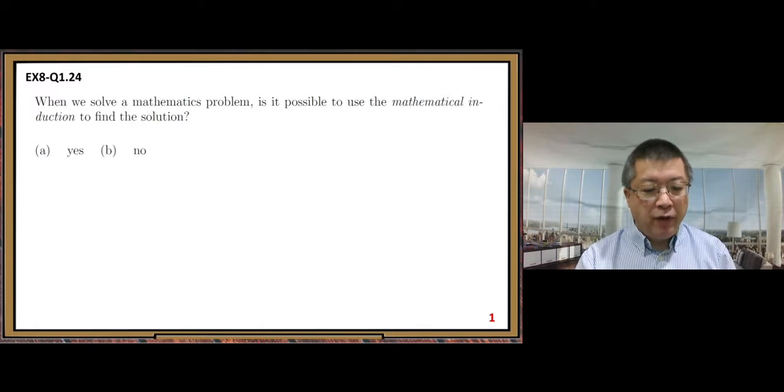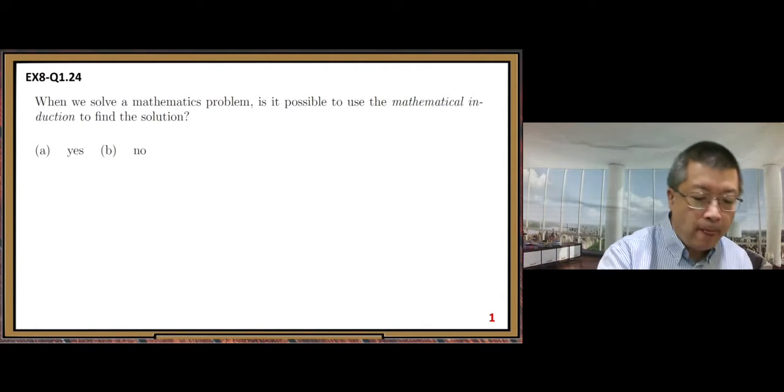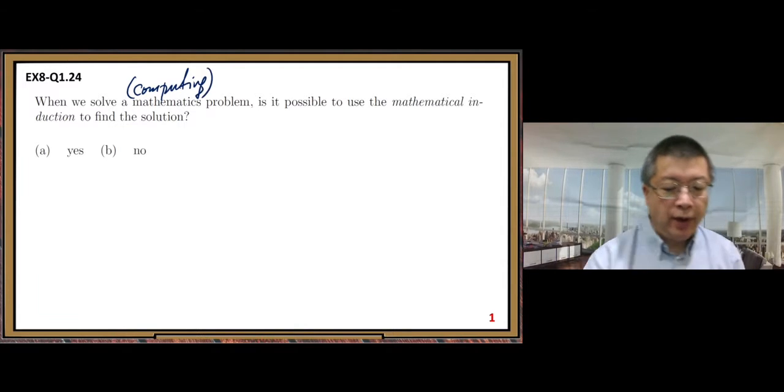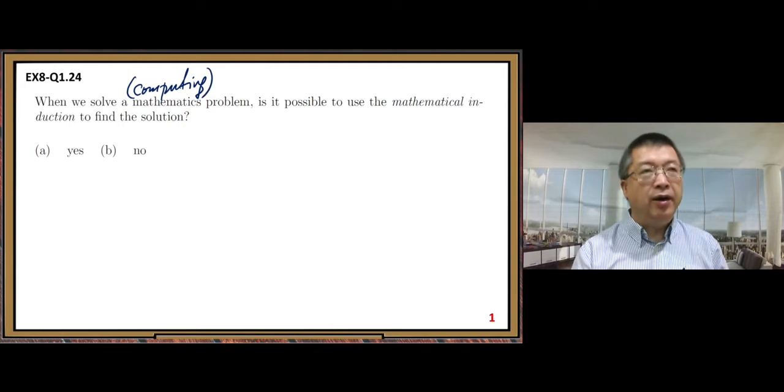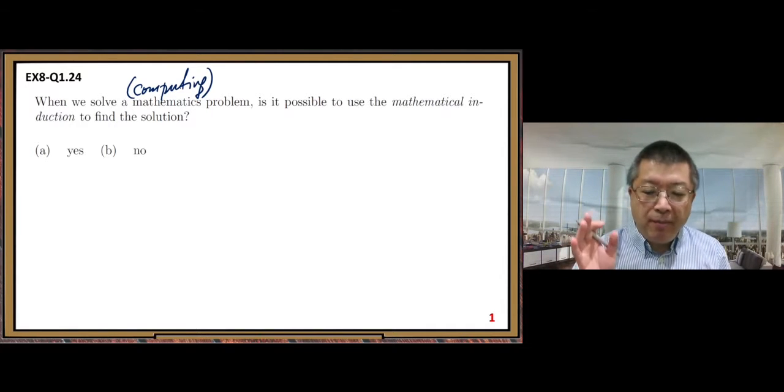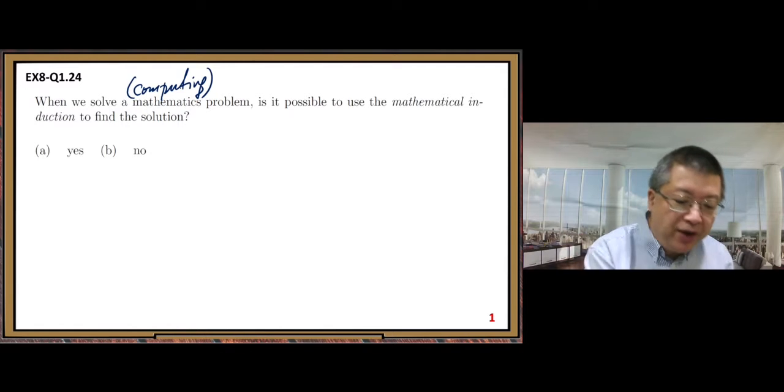When we solve a mathematics problem, or an algorithm problem, a computing problem, we can put them in the same category. Is it possible to use mathematical induction to find the solution?